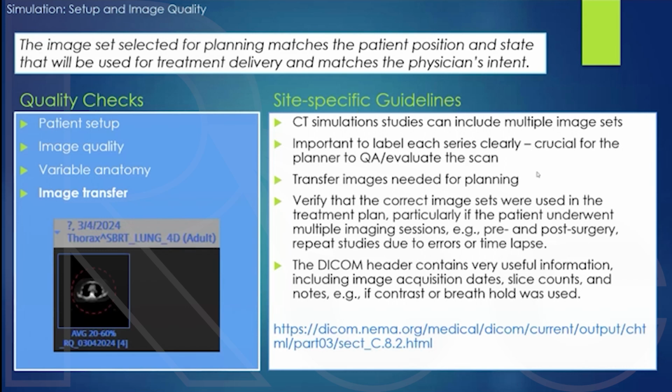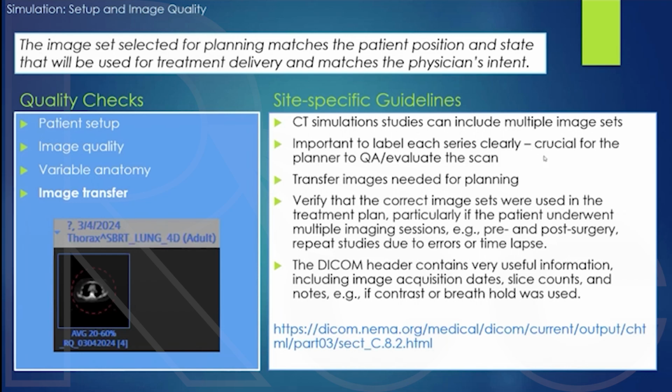Okay. So it's very important to analyze the image set selected for treatment planning to ensure that it matches the patient position and the state that will be used for the treatment delivery, and that this aligns with the physician's intent. CT simulation studies can include multiple image sets.